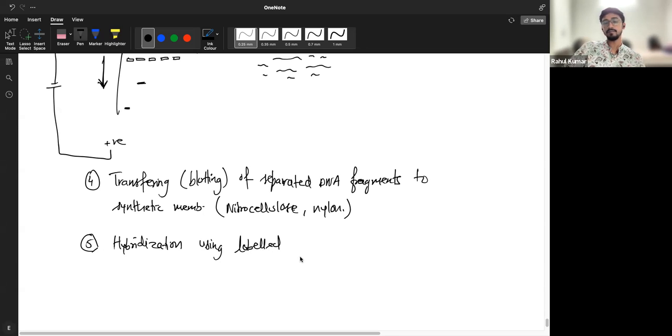Wherever they bind, we will know that this fragment of DNA is present in this sample, and it's also present in this sample. So both these samples come from a common source, which means he is the father and he is the son, and it's not matching this sample, so this person is not the biological father.